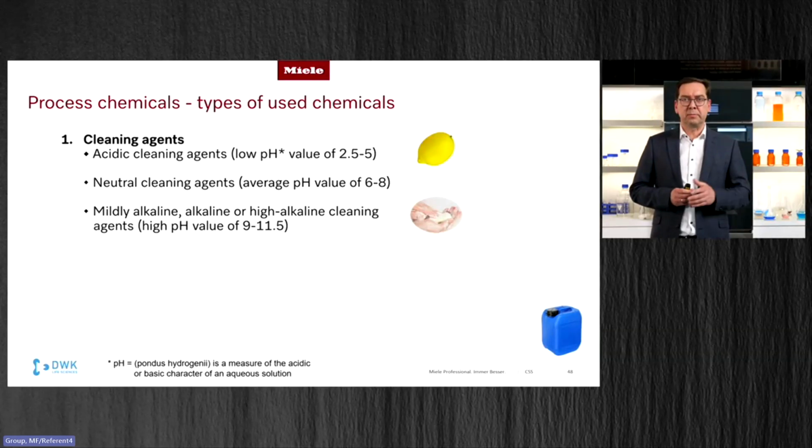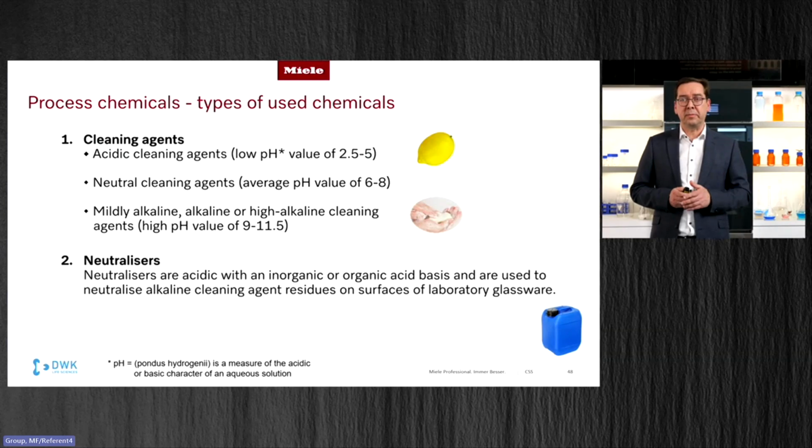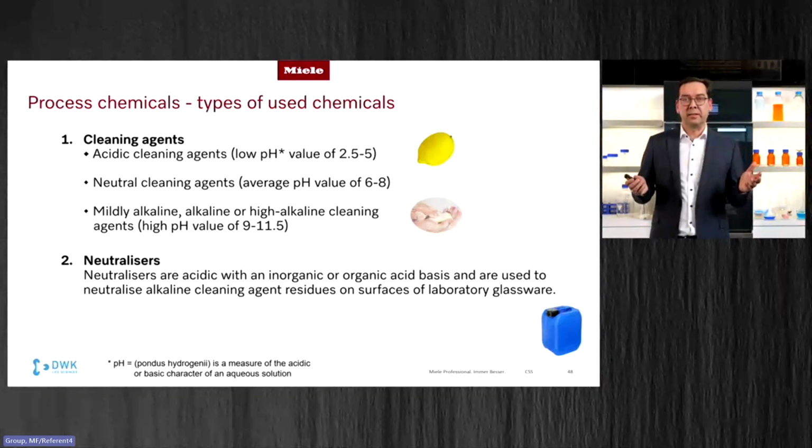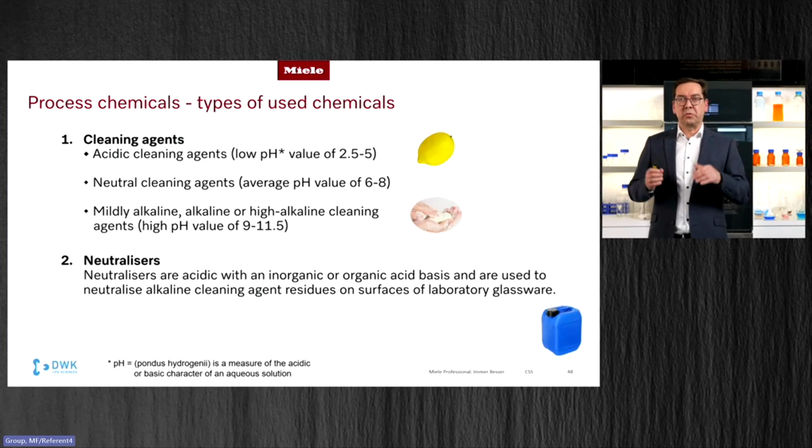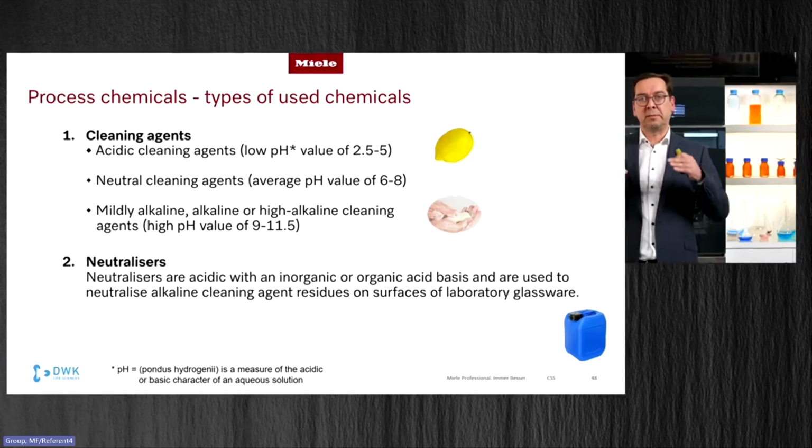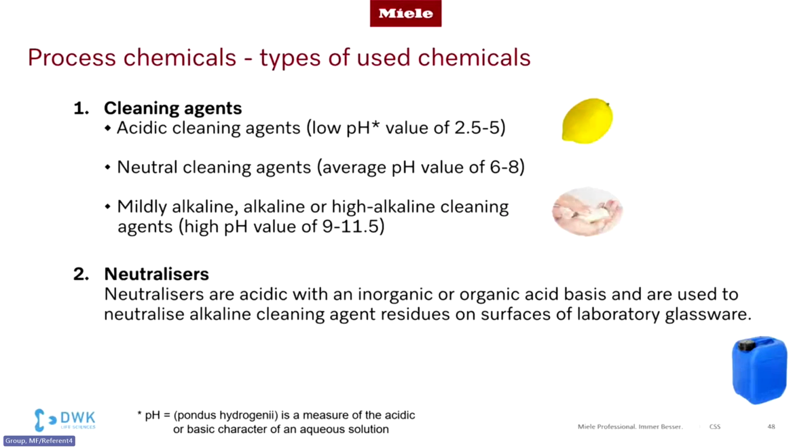These are recommendable for a lot of different soilings, but if you use them, you need the second group of process chemicals, and these are neutralizers. The job of a neutralizer is, after the cleaning phase, to reduce the pH value that is still on the surfaces of your lab glassware when you finish the cleaning process. So a neutralizing agent brings it back into the neutral area.